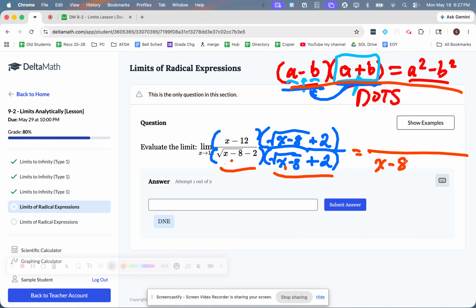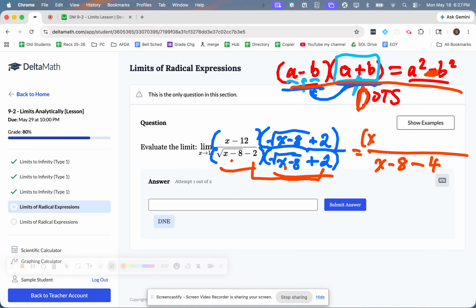That's what I get. But of course, if it's a difference of two squares, I have to respect that difference and make sure in my answer I have a negative, and then I square the b. 2 squared is 4, okay?